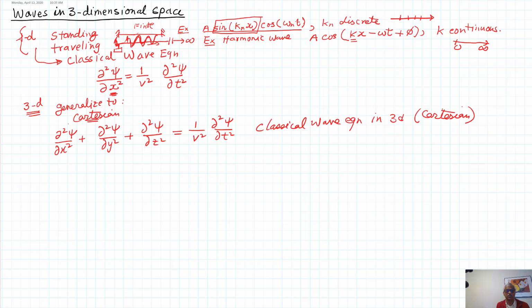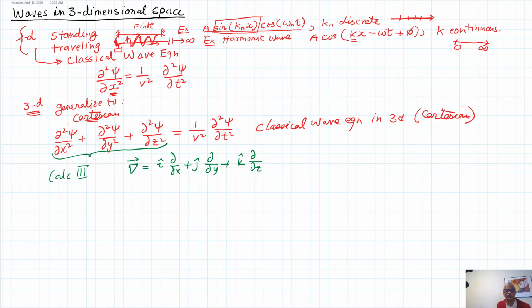If you want to write more generally, you would notice that this stuff here, from Calc 3, you would know that you can have a vector operator called del, which in Cartesian looks like this: i hat d dx plus j hat d dy plus k hat d dz.